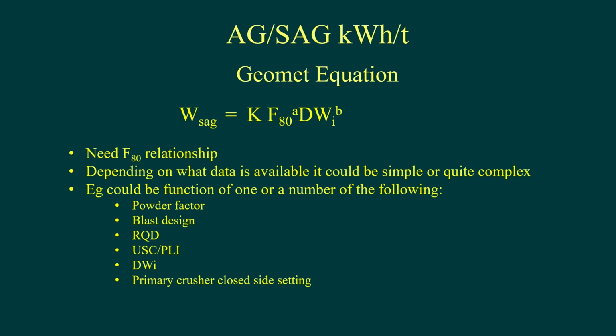So there's an opportunity, if you have some of this extra information, to use that to develop some equation which helps indicate what the F80 is, over and above the influence of hardness on that.